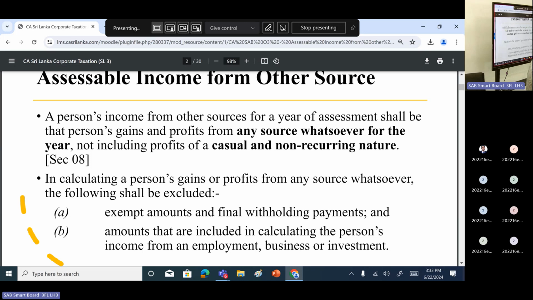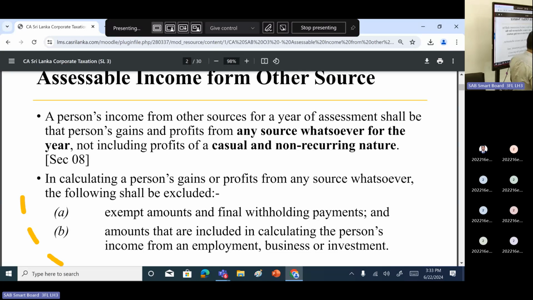If not, then we have to check whether it has some characteristic of investment income. If not, then we have to check whether it is falling under other sources. Right? This is the general room given for the legislator to cover other income.